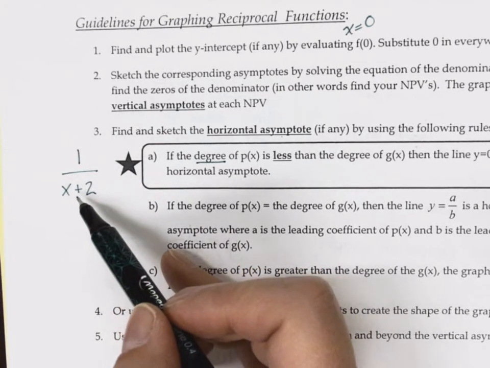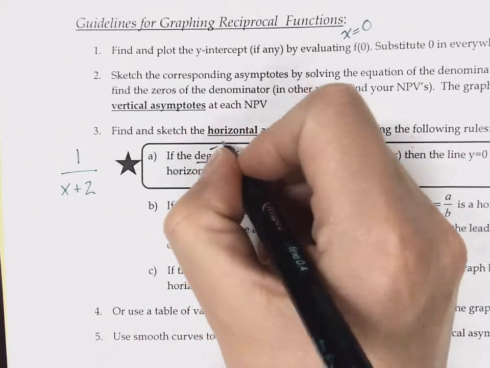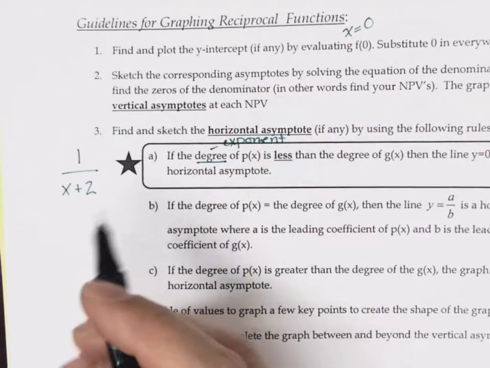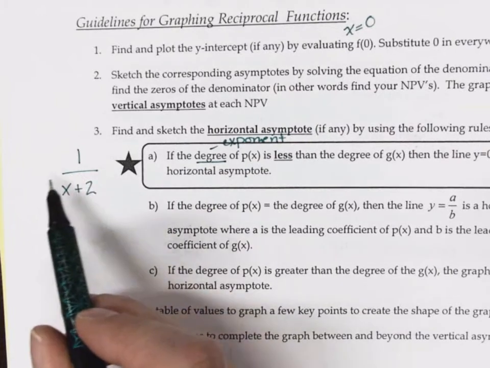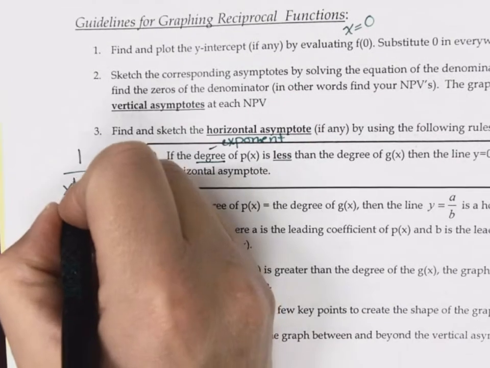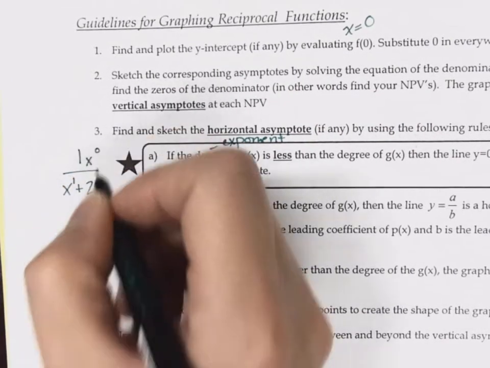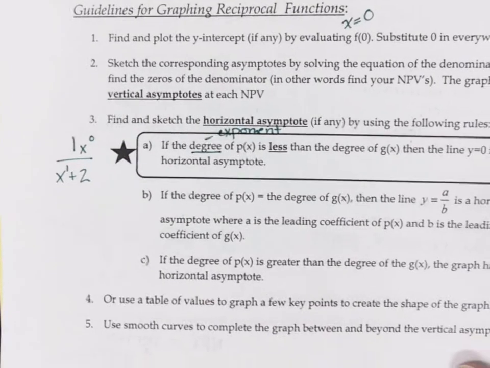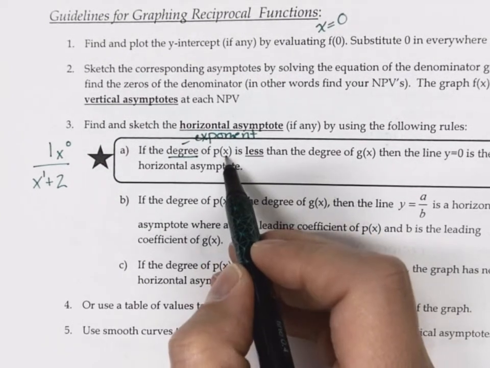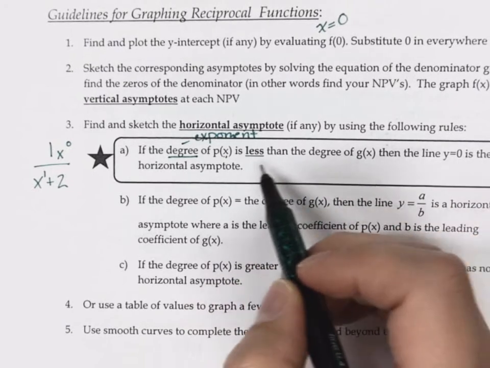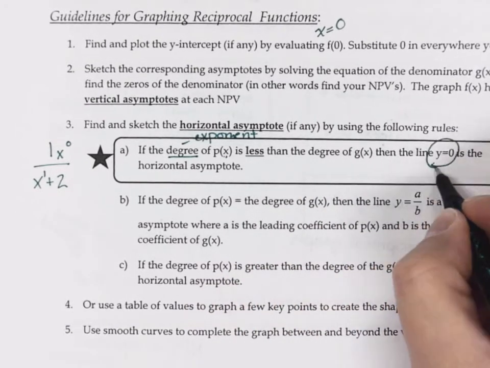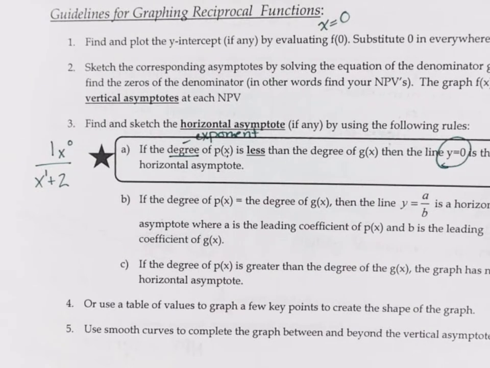What's the highest exponent in the denominator? 1. But the top was 0. So if the degree of p(x), your top, is less than the degree of g(x), then y equals 0 is going to be your horizontal asymptote.